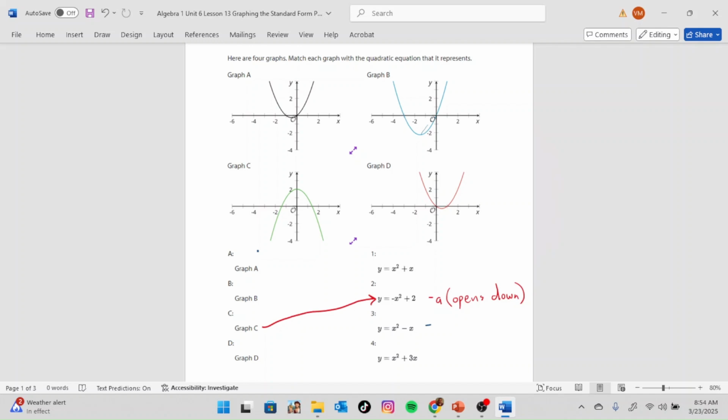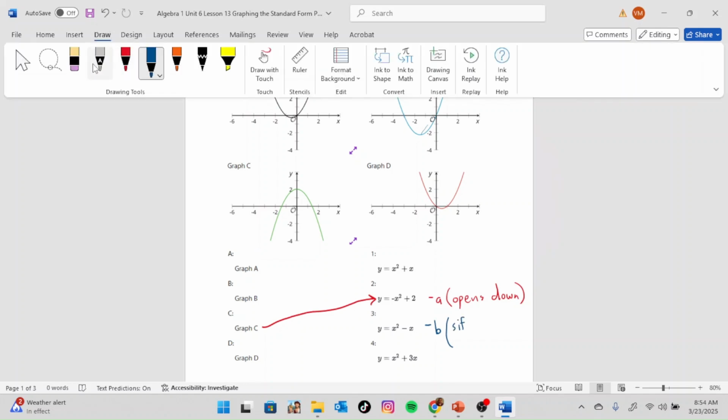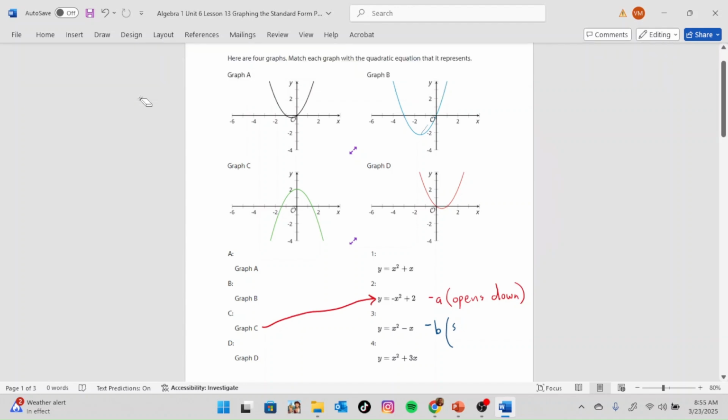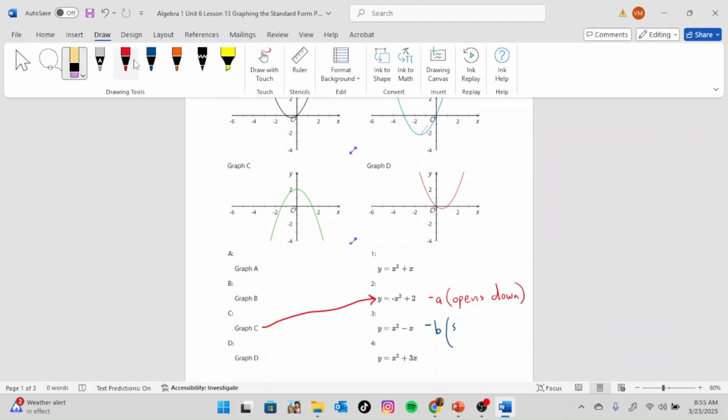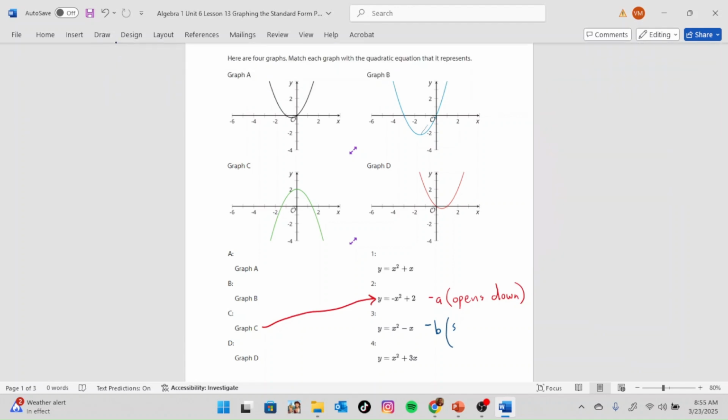So the negative B shifts down and right.